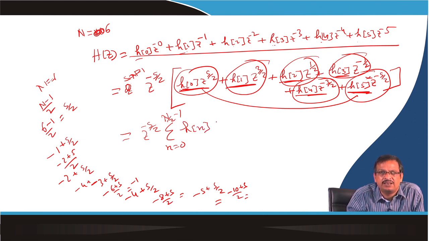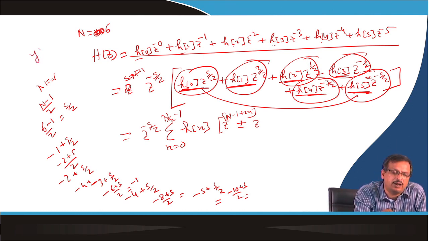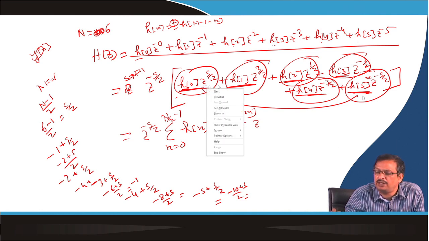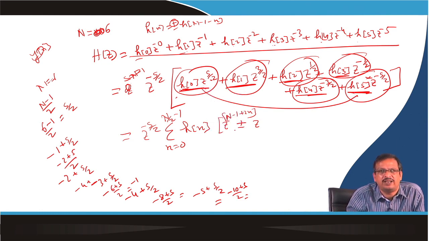Now I said z to the power, this one is positive, this one is negative. So this one is n minus 1 plus 2n, plus minus z to the power. So this can be minus also. What I said, h of n is equal to plus minus h of n minus 1 minus n. So if it is plus, symmetry, minus, antisymmetry. So H0 z to the power 5 by 2 can be positive or negative.